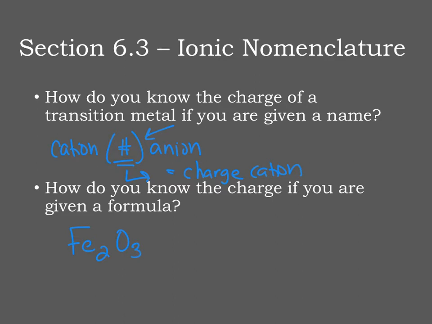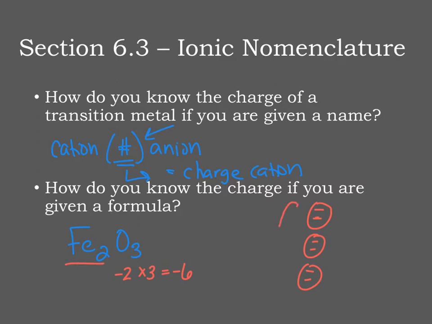So we know that oxygen is a -2 charge. This tells me that there's 3 of them, so that's a total of -6. If we want to think of this as a picture, here's 1 oxygen, here's 2 oxygens, here's 3 oxygens, and it tells me I only have 2 irons to balance that out.